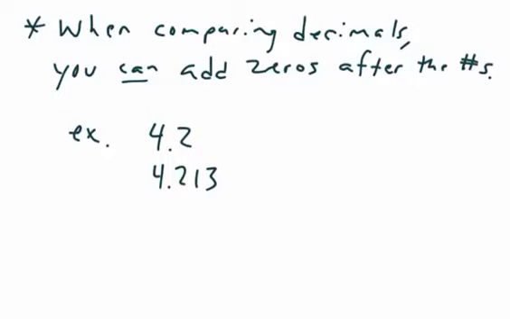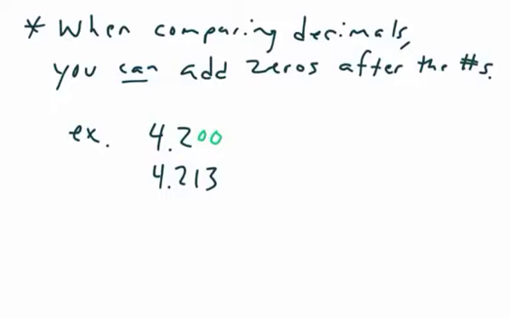Well, it looks like I lost wireless up there. So if you have the 4.2 and the 4.213, you can add zeros after that 2. You can't add zeros between the 4 and the 2 or between the 2 and the decimal point. If I just had the number 4, I can't start adding zeros to the 4 because now 4 becomes 4,000.